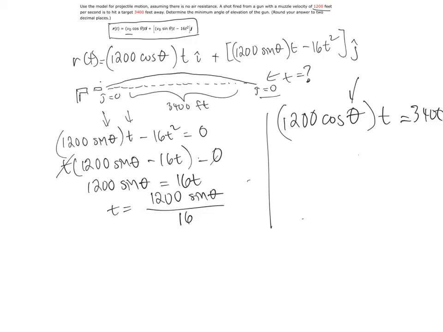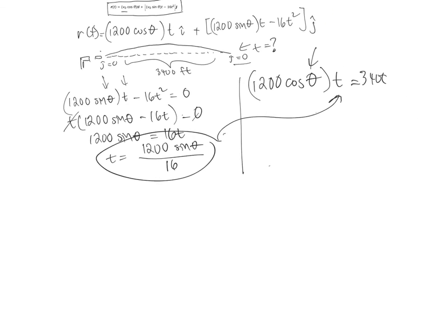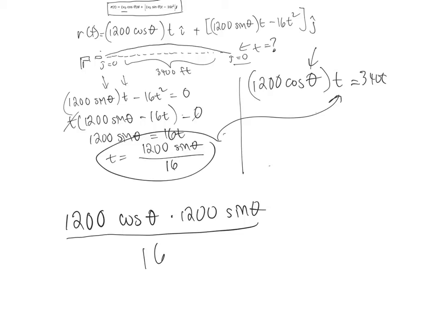So you just plug the t that you just found into this equation. You get 1200 cosine theta multiplied by 1200 sine theta, all divided by 16, equal to 3,400.